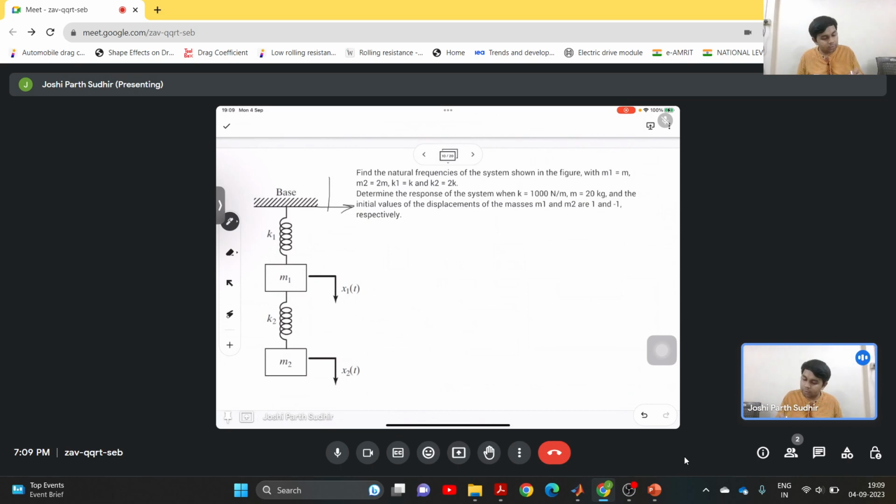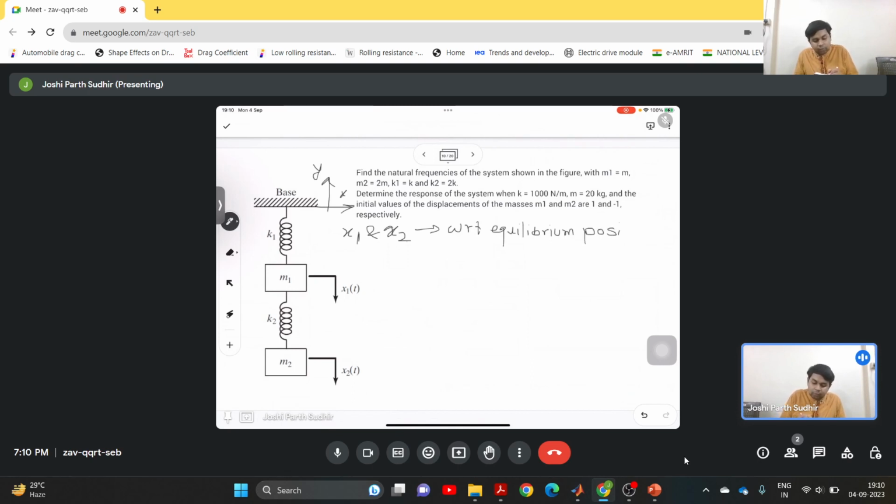Let us say we have our coordinate system fixed to the base, and x1 and x2 are the positions of the center of mass of m1 and m2 respectively, measured with respect to their own equilibrium positions.